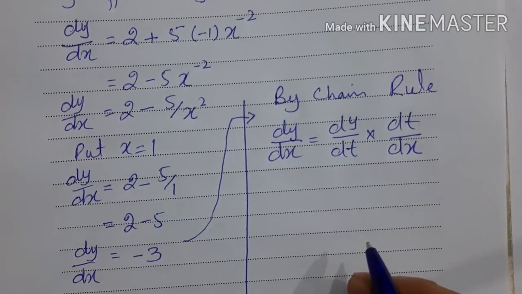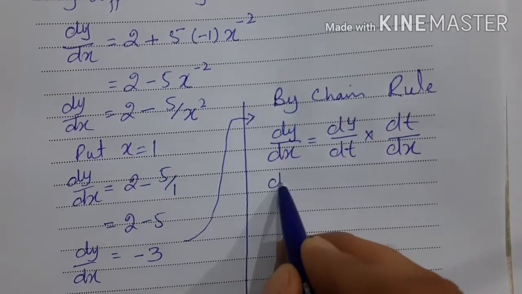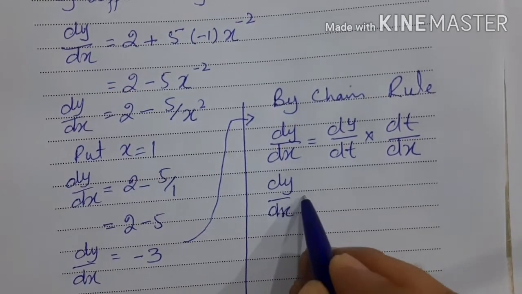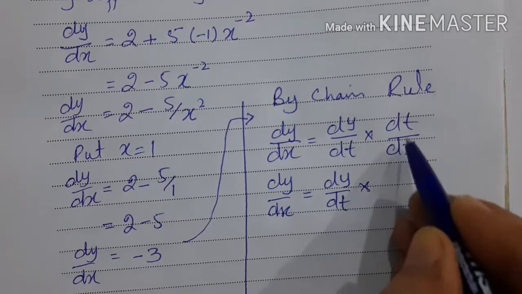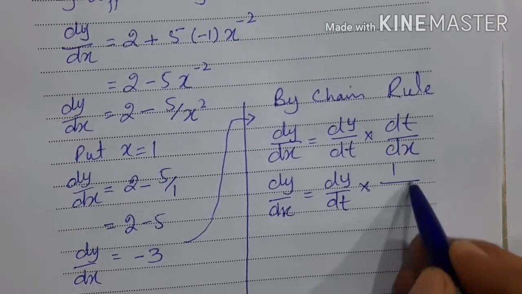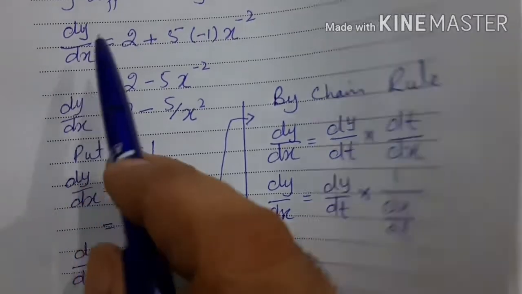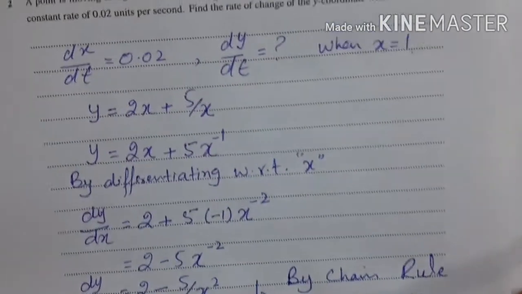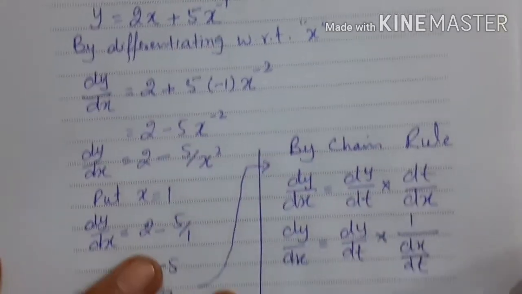Okay, so it can be written as dy by dx is equal to dy by dt multiplied by 1 over dx by dt, because I have the value of dx by dt here, so that's why I'll write it in this way.